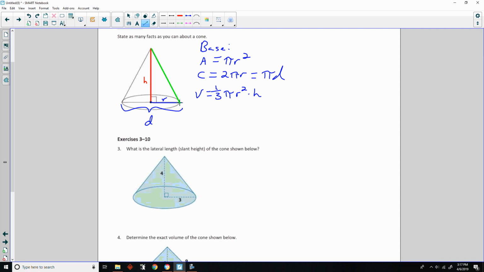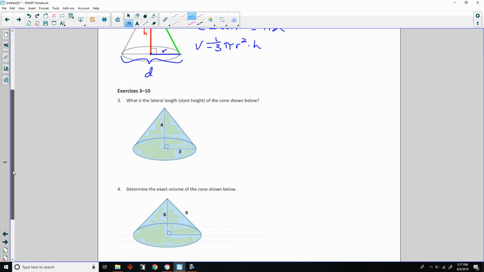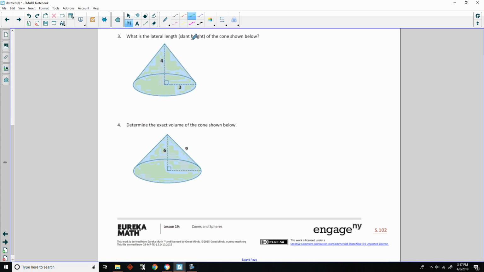This is called the slant height, L. So we have a height, we have the slant height L, we have the radius, we have a diameter, distance around a circumference, area of the base times 1/3 the height gives us the volume. Alrighty, so exercise 3 through 10.